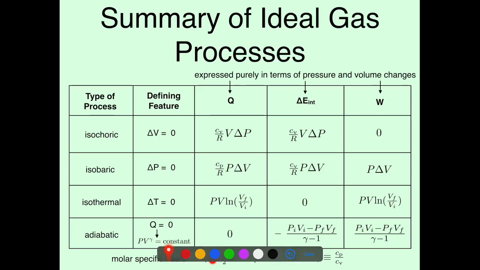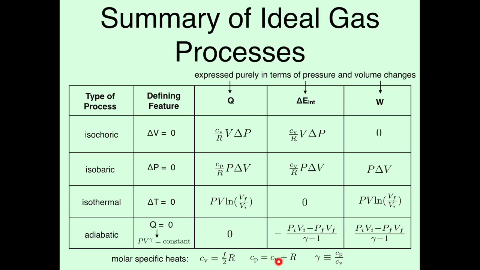CV is what we call our molar specific heat for a constant volume process, and that appears various times in our formulas. The formula for CV is F over 2 times R. So that's important to remember. CP, again, this is going to pop up in a lot of different formulas when you calculate heat and work and things like this.